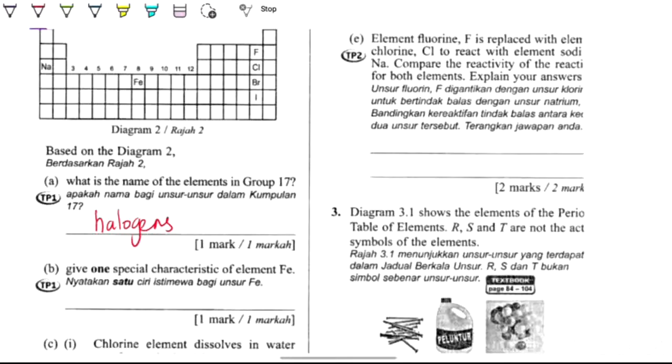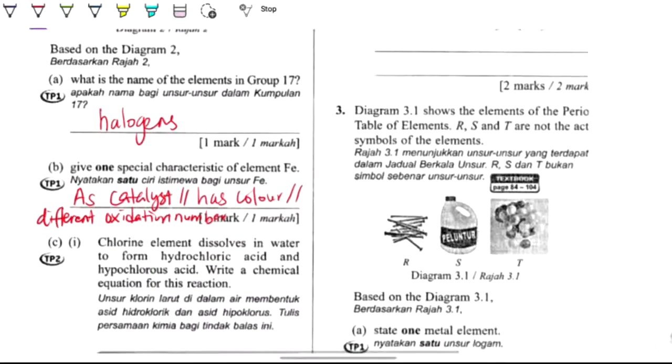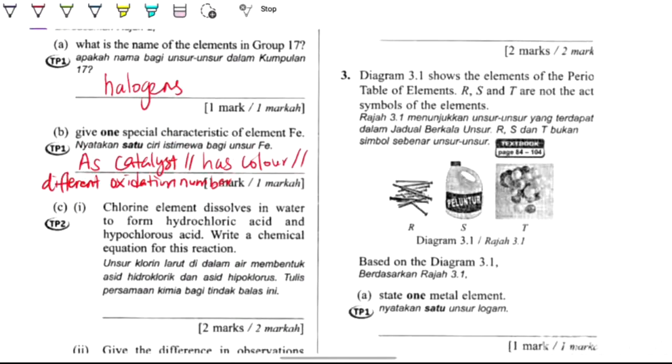Iron is a transition element, so we can write any one of these: it can become a catalyst, it has color, it has different oxidation numbers, or it can form complex ions.